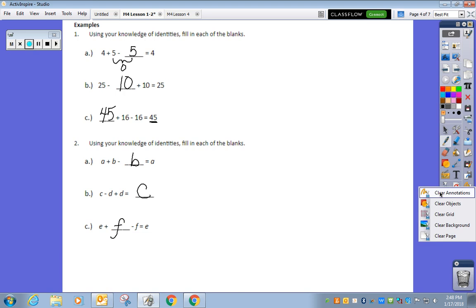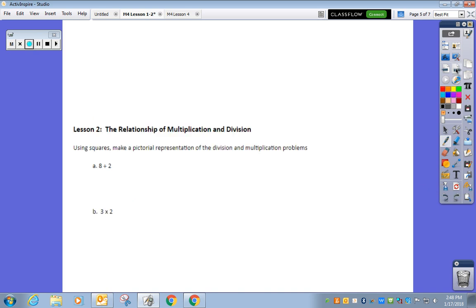So that's the end of that first lesson, showing the relationship between addition and subtraction. Just if we add something on and then subtract that same thing, we wind up back at the same number. Now we're going to look at the relationship between multiplication and division. It says, using squares, make a pictorial representation of the division and multiplication problems.